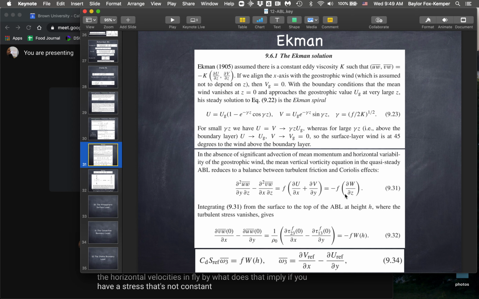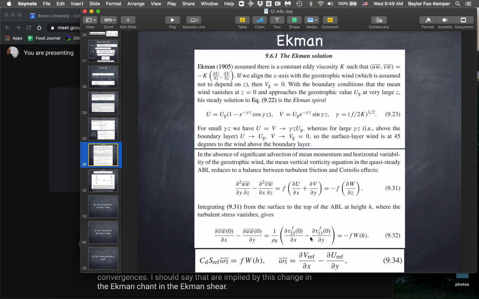You tend to get a vortex stretching term that's in balance with that in the vorticity equation. That vortex stretching term is really coming from the turbulent stress divergences, I should say, that are implied by this change in the Ekman shear.